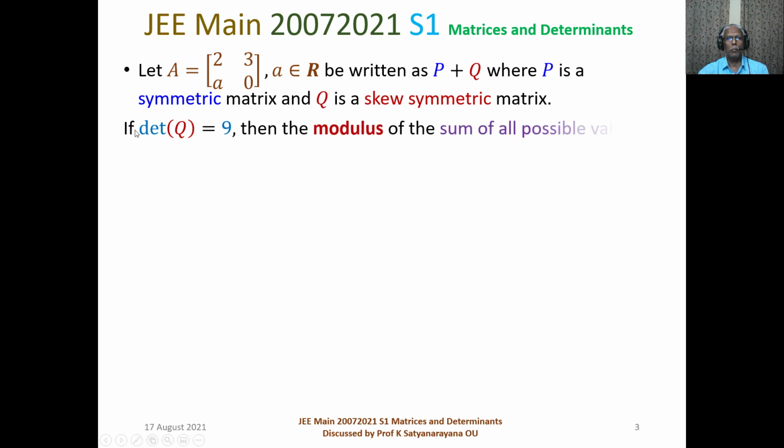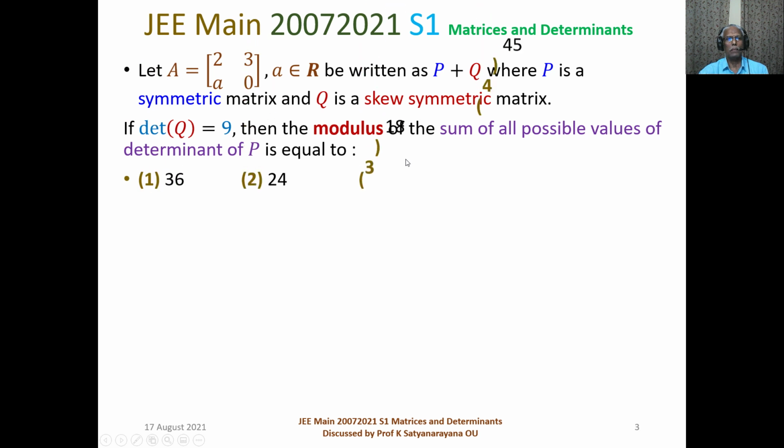If determinant of Q is equal to 9, then the modulus of the sum of all possible values of the determinant of P is equal to. The options are option 1: 36, option 2: 24, option 3: 18, option 4: 45.